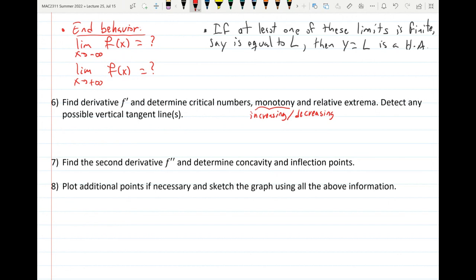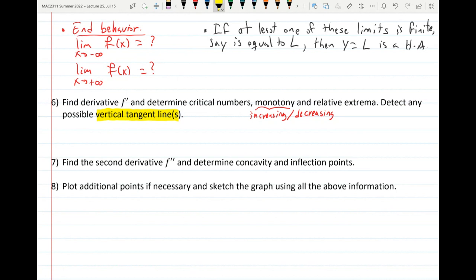Also at this point, once you take the first derivative, you want to see if there is any possible vertical tangent line. We haven't mentioned this in class since the beginning. A vertical tangent line means that you have a point on the function at which the slope is infinity. So a vertical tangent line shows up whenever the derivative has a vertical asymptote.